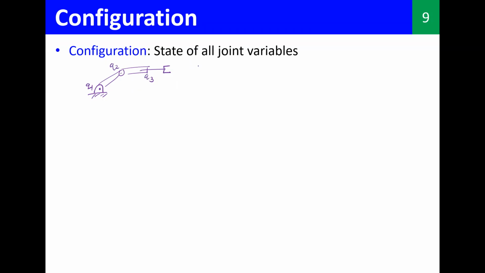So my configuration of this robot, Q, is given by a vector Q1, Q2 that goes until Qn, where n is the number of joints. So these are my joint variables.